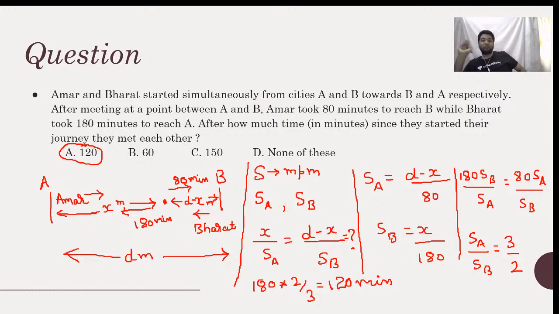Therefore, SA by SB will be equal to square root of 180 by square root of 80. That is square root of 180 by 80, which I can directly write as 3 by 2. Yes, you are right. But we cannot always assume that the constraints are going to be the same.